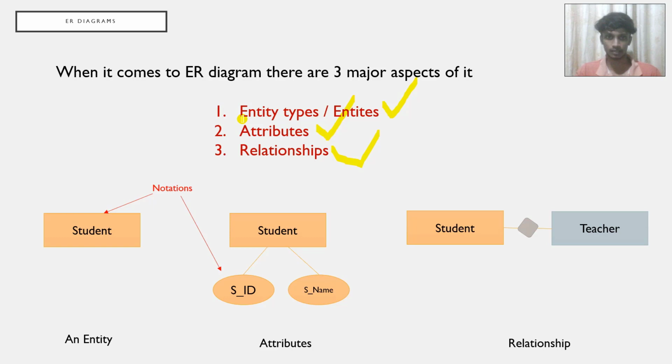In the second part I explained attributes. In the third part I explained relationships. As a summary, there were 5 types of relationships: unary, binary, ternary, quaternary, and n-ary. And there were 2 constraints. The first constraint is total participation. The second constraint is partial participation.